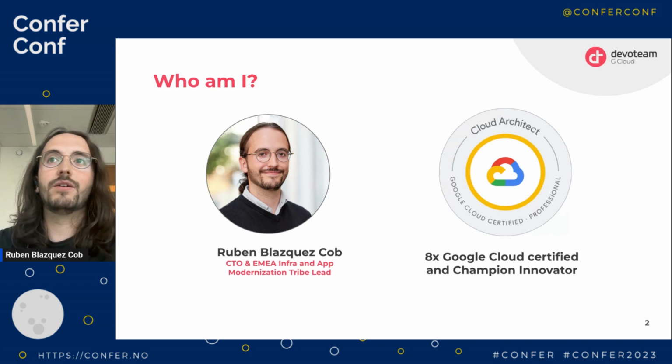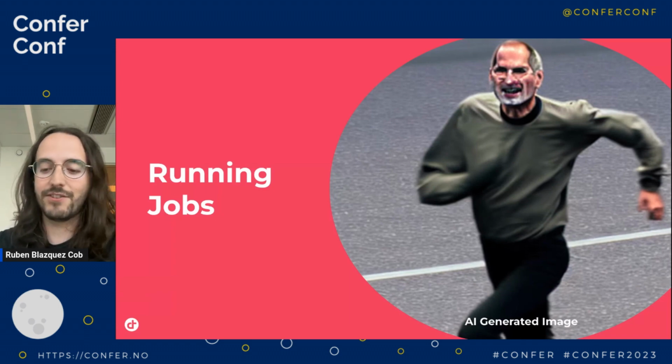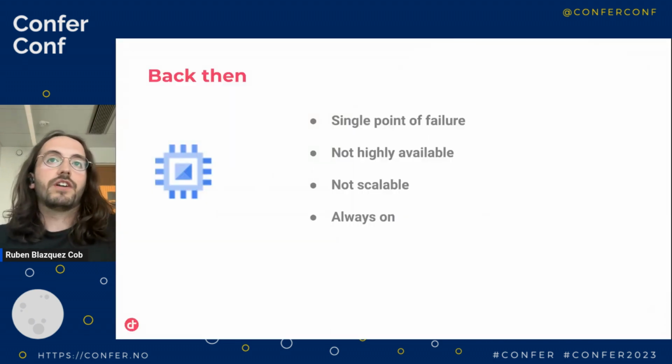So, without any further ado, let's talk about how we're running jobs. I have a very terrifying AI generated image of Steve Jobs running here, just to kick this off. But let's talk about it. Now, running jobs.